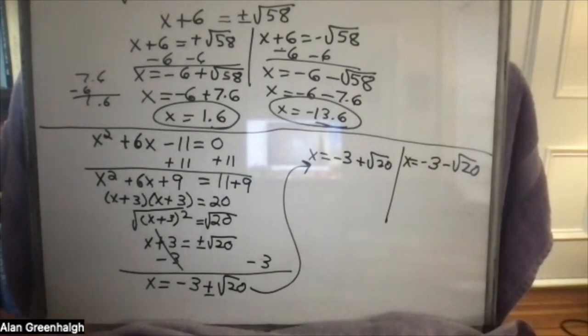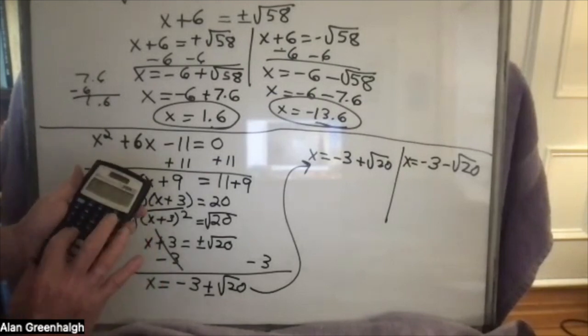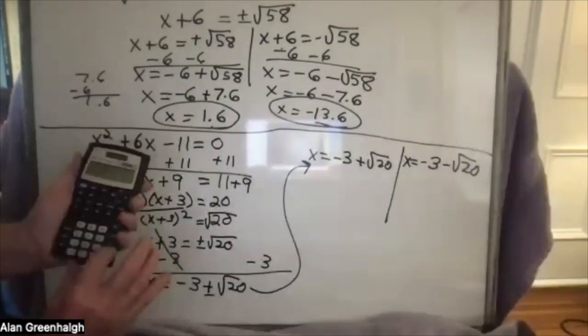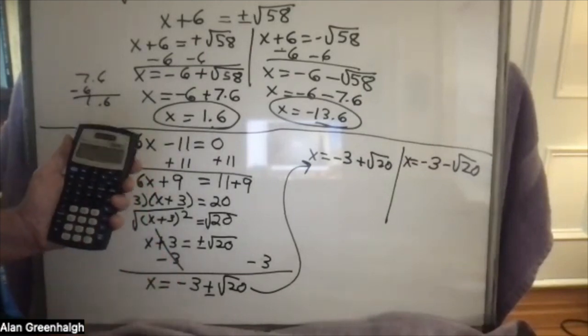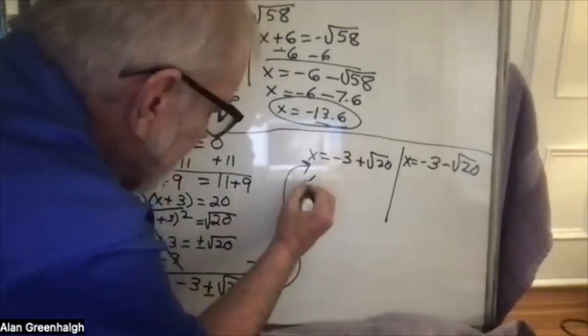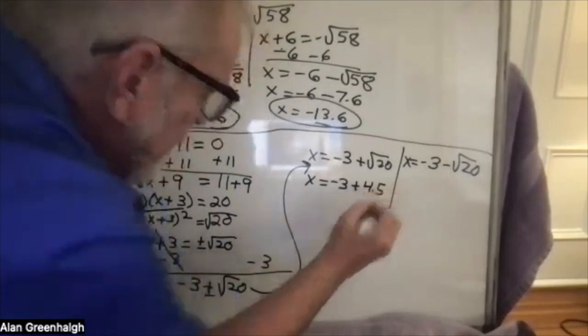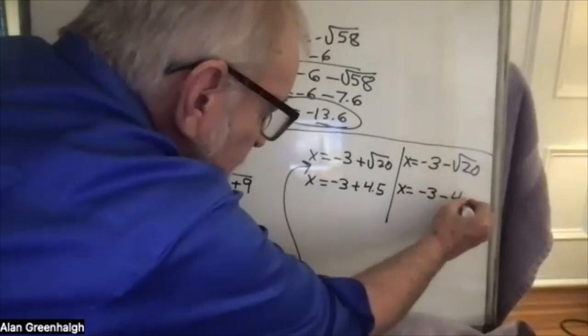And the next step is to take the square root of 20. So that's what I'm doing right now. Second function, x squared, put the 20 in, you must press the equal sign, and you get, rounded off to the nearest tenth, 4.5. So x will equal -3 plus 4.5, and x will equal -3 minus 4.5.